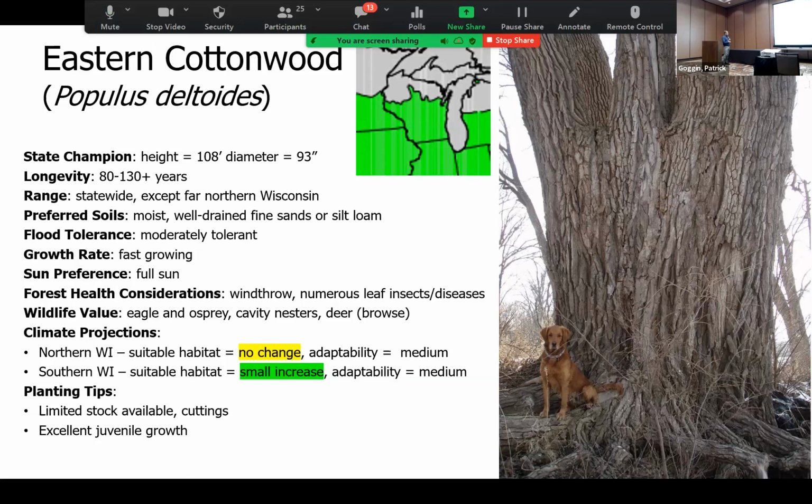And from a reforestation perspective, you don't oftentimes find cottonwood for sale in a nursery just as a seedling, but oftentimes as a cutting. And by a cutting, I mean we take the recent growth of branches or stems in the tree, cut it into segments, and then just stick those segments into the ground, and they will naturally root and establish.